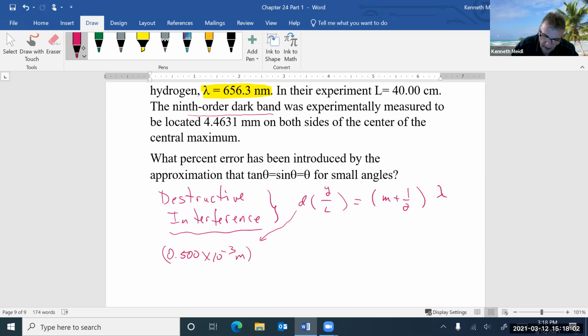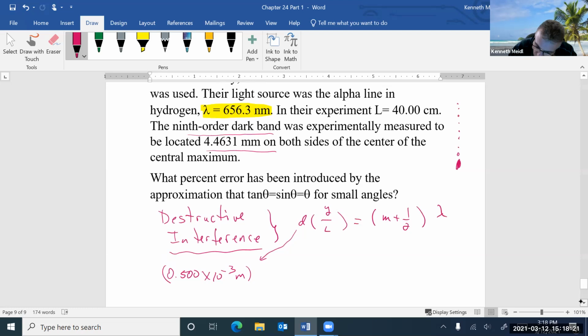And it says the ninth order dark band was located on both sides of the center by that amount. Okay, so if you're looking at the double slit experiment, you have the central maximum, and you have 1, 2, 3, 4, 5, 6, 7, 8, way out here, number 9, and then you have the same sort of pattern going to the other side.